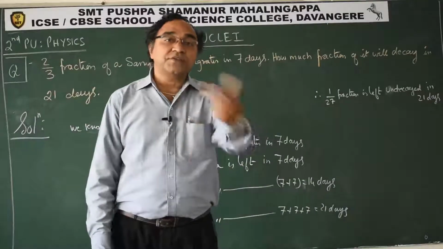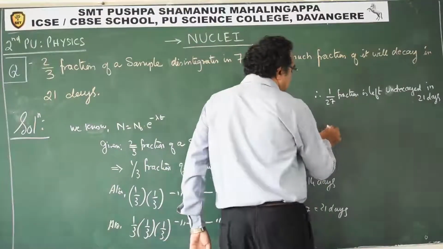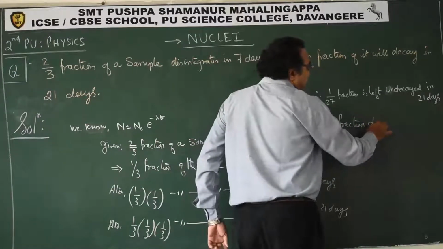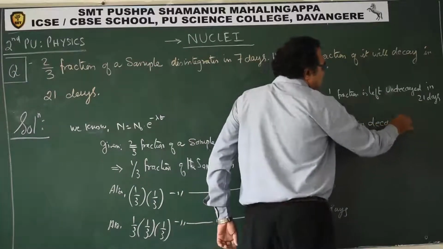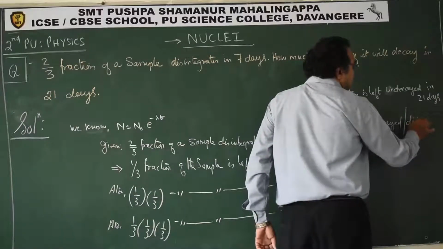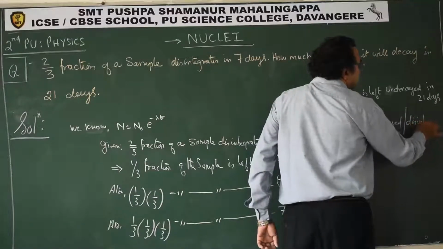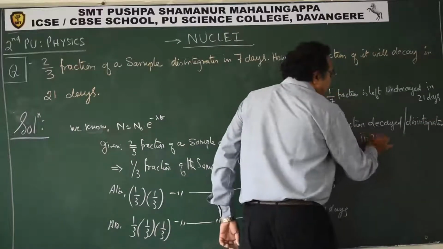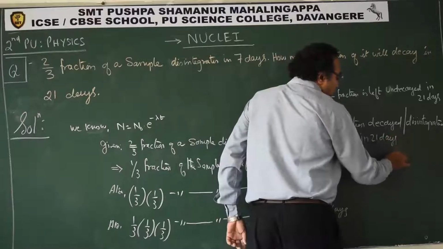Undecayed. How much is decayed? So therefore, fraction decayed or disintegrated in 21 days. This will be how much?